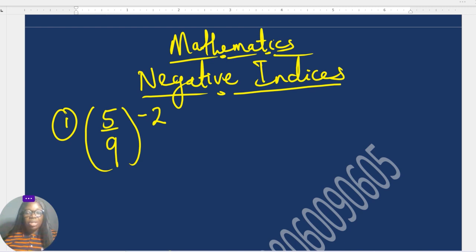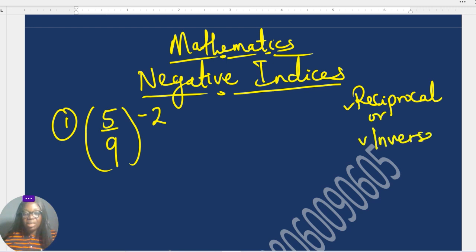You can call it reciprocal or inverse. Reciprocal or inverse means that same number turned upside down. That is the integer itself that has the index.